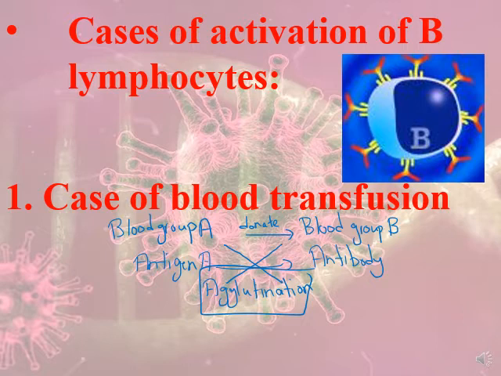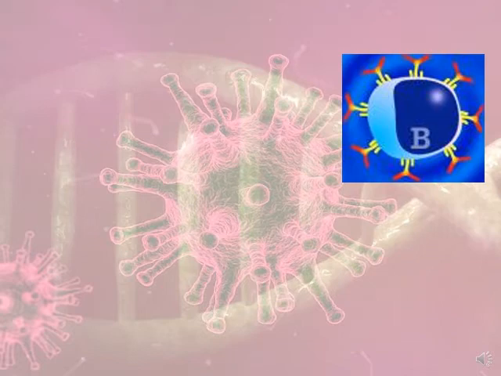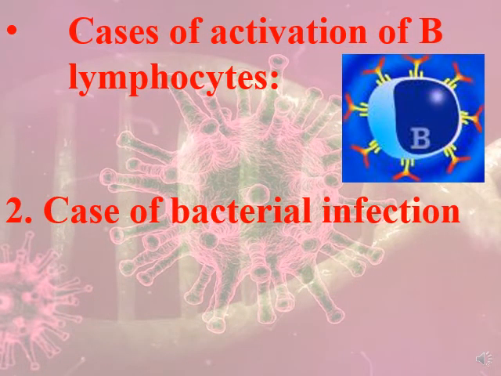So the first case is the case of blood transfusion. This is the second case of the activation of B lymphocytes, the case of bacterial infection. Whenever we have infection by bacteria, this is a case of activation.